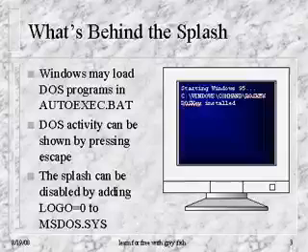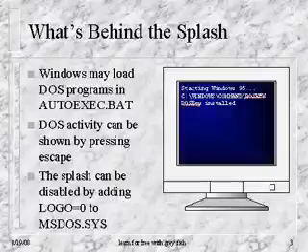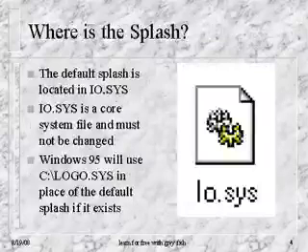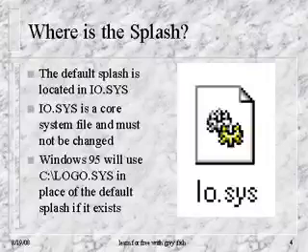In the olden days of DOS, this was another binary file, but in Windows 95 it's now just a plain text configuration file. Now the default splash is embedded in a core system file called io.sys. This file is required to boot Windows 95, just as it was needed for MS-DOS.